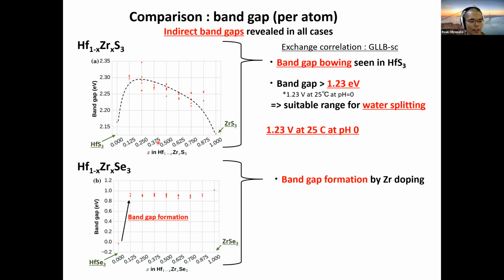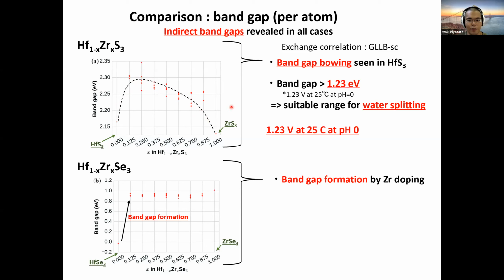As you can see in the result, the behavior of the band gap is totally different between those two monolayers. In the case of HfS3, you can see that band gap bowing is seen in the result.